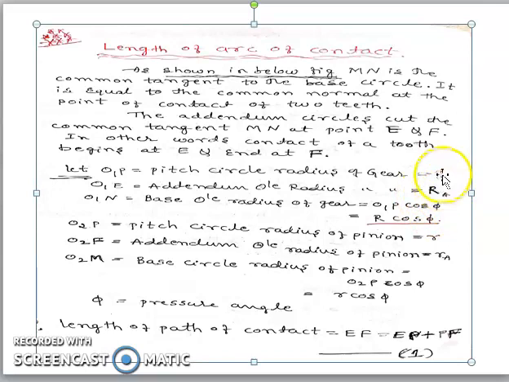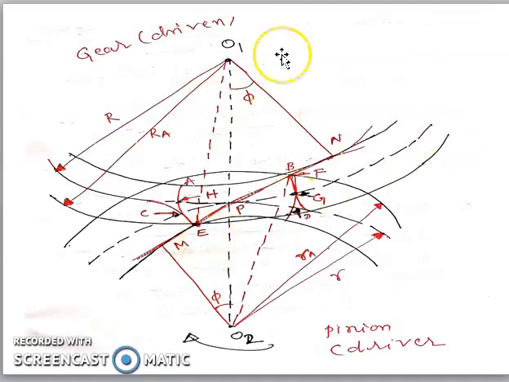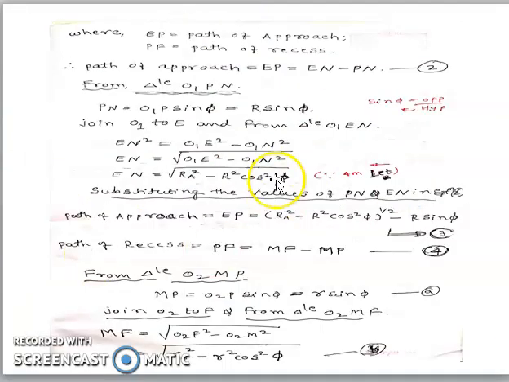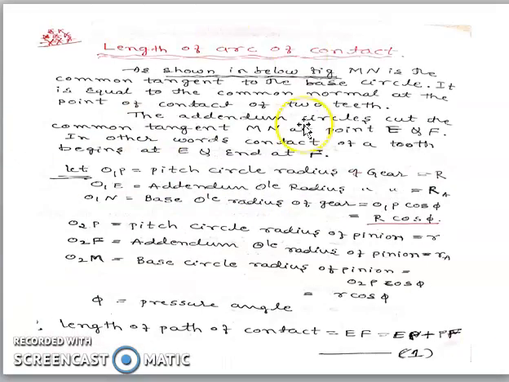Don't get confused: capital RA and small ra are different, and R is different from RA. Then O1N is the base circle radius of the gear.